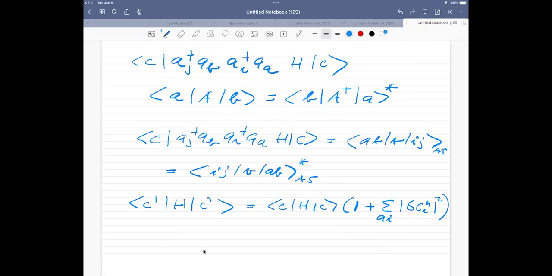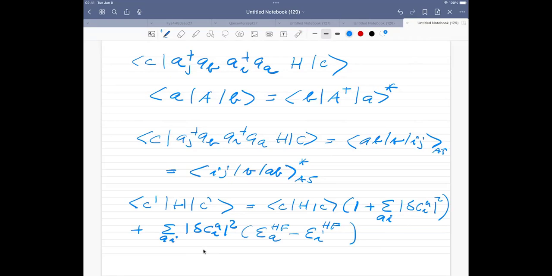Then I get a new term here, which is given by a sum over AI, and then I have my delta CIA squared, and then I have the Hartree-Fock elements, the energies of H Hartree-Fock.